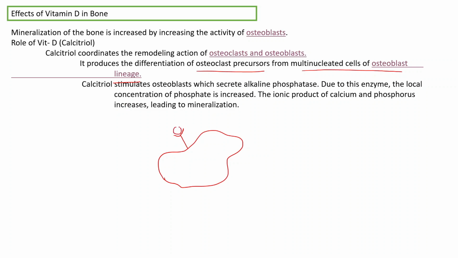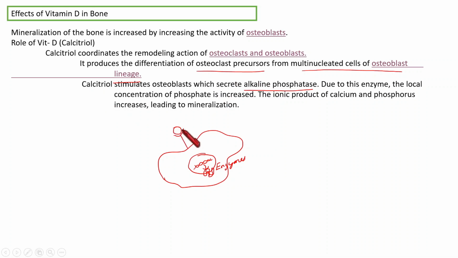So as it binds to these receptors, sometimes it can enter the cell, reach the nucleus and bring about the transcription of some proteins. Sometimes there are some enzymes, and one such enzyme is alkaline phosphatase. So the secretion of alkaline phosphatase is brought about by this calcitriol.